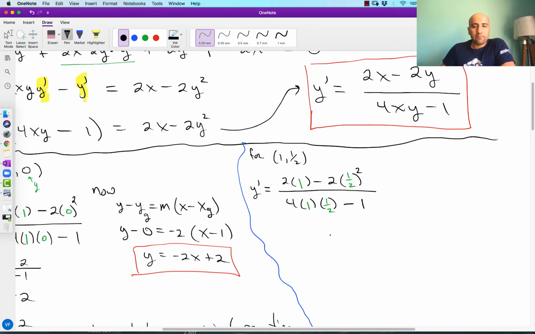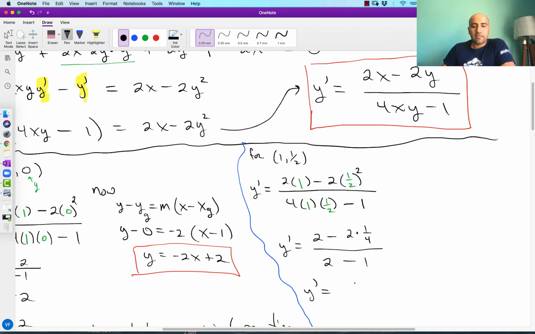Okay, so let's try and simplify this. 1/2 squared is 1/4. 2 divided by 4 is equal to a half. So y prime is equal to 2 minus 2 times 1/4. So that'll simplify a little bit there. And then 4 times a half, well, that's just 2. 2 minus 1 is just going to be 1.